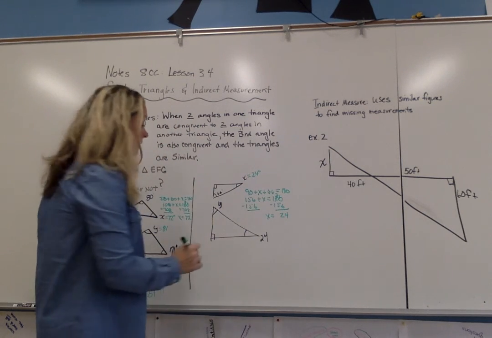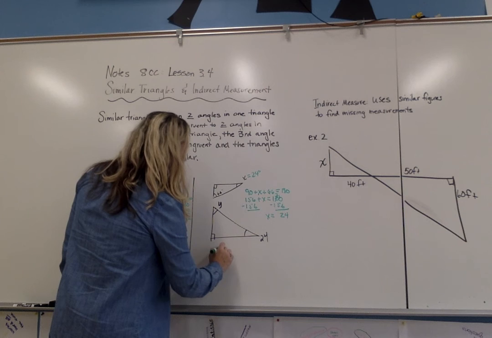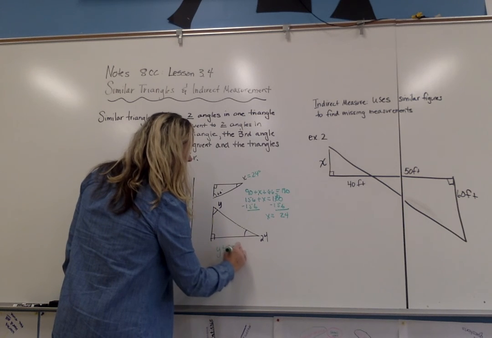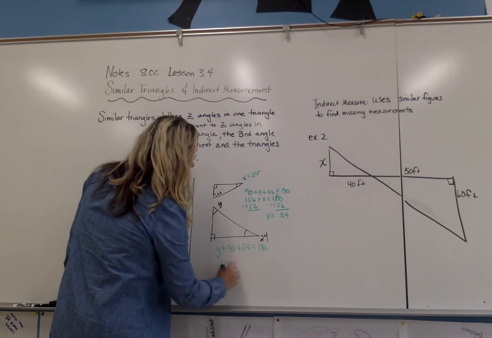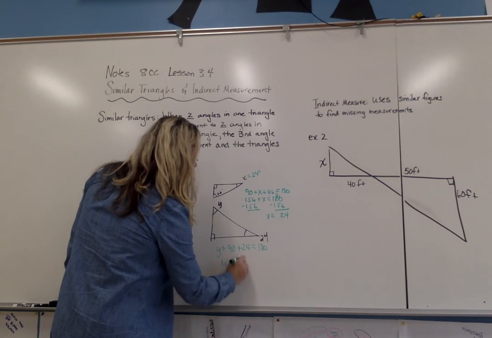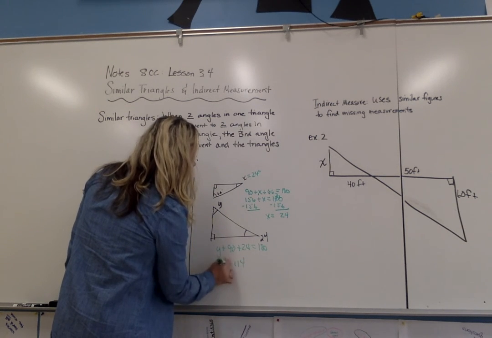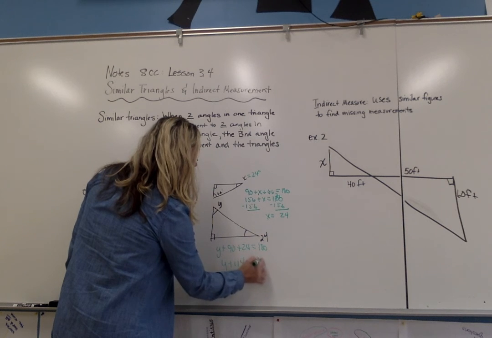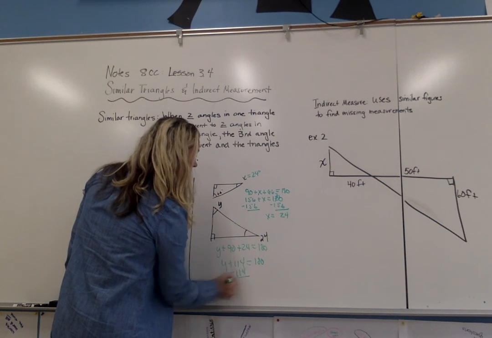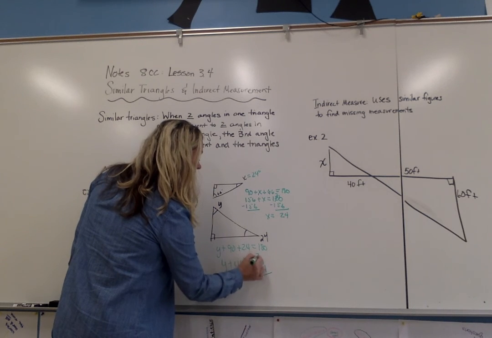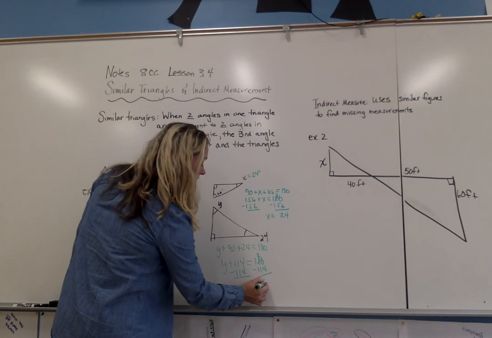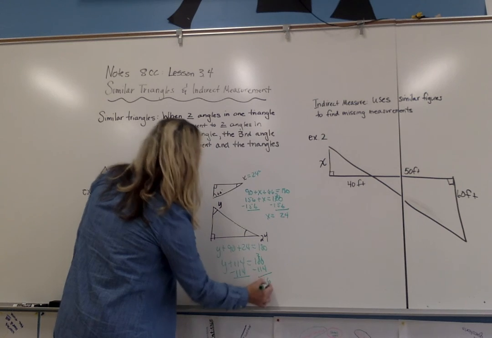I'm going to set up a similar equation down here. y plus 90 degrees plus 24 degrees equals 180, or y plus 114 equals 180. I'm going to subtract 114 or add negative 114. 66.